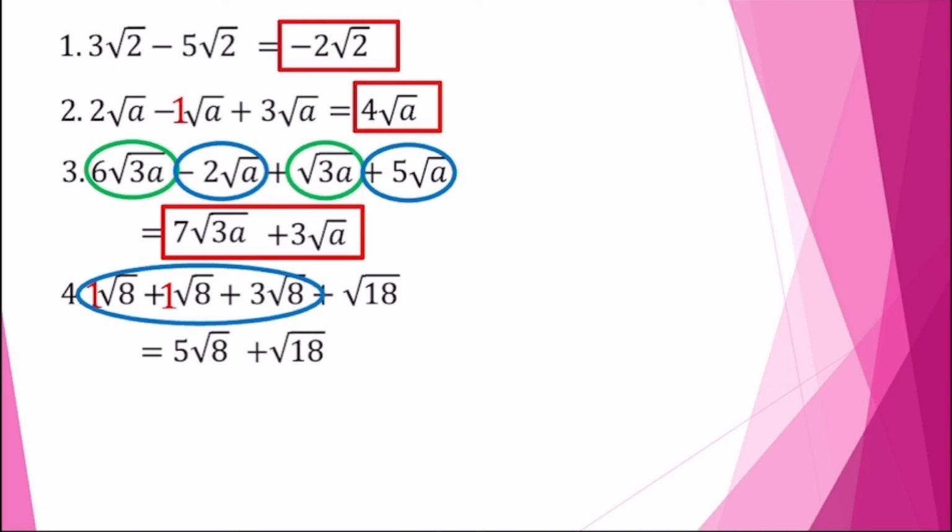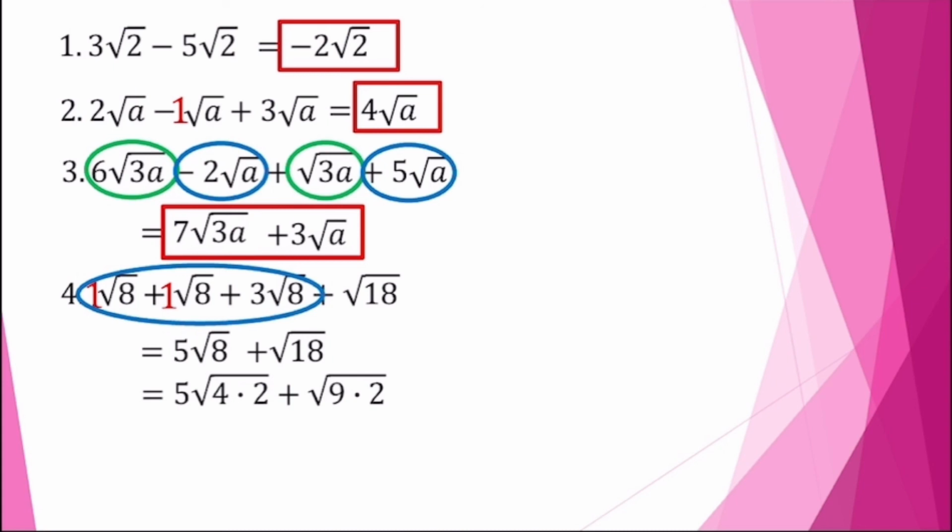By applying the second law of radicals, since 8 and 18 are not perfect squares, we can find the factors of 8 and 18 in which one of the factors is a perfect square.